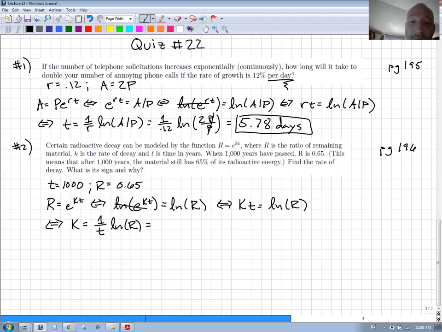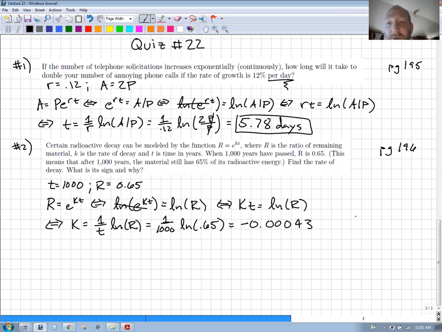So they're saying when t is 1,000, R is 0.65. So let's see here, 0.65, take the natural log, divide by 1,000, you get negative 0.00043.